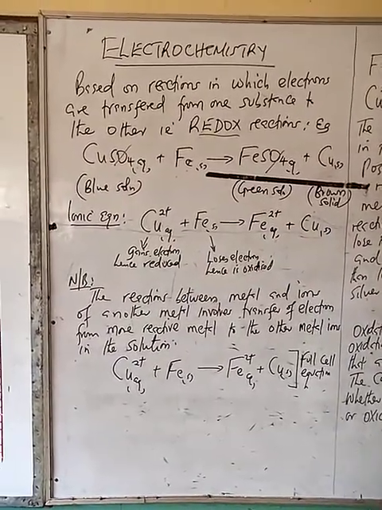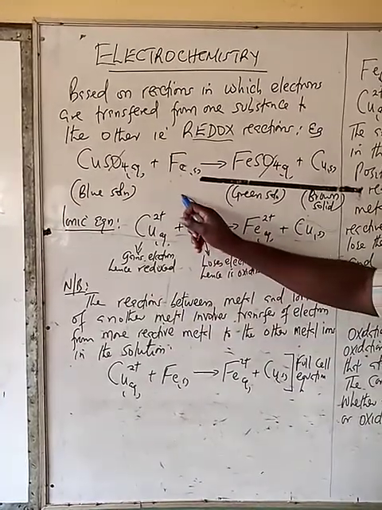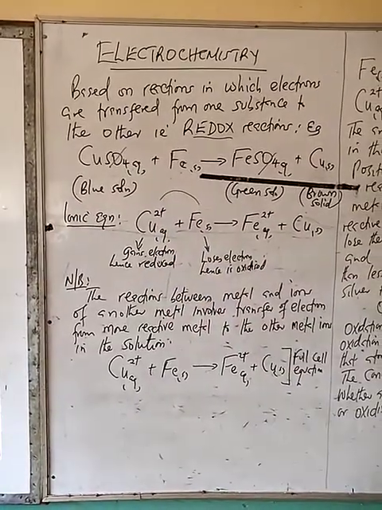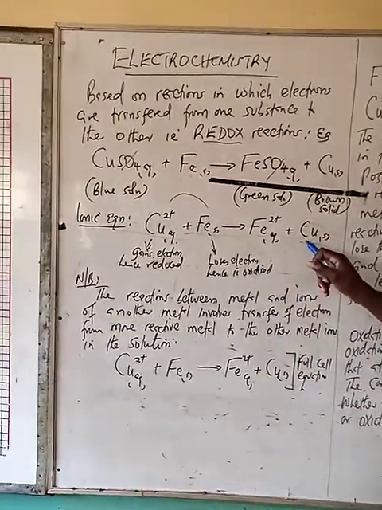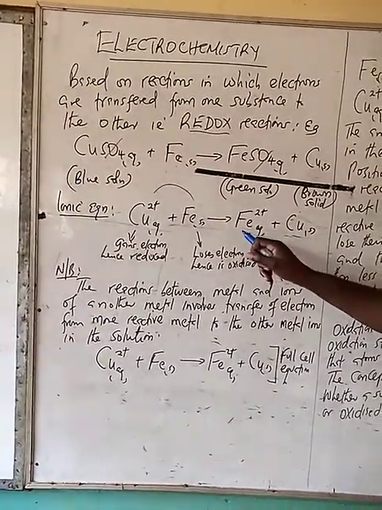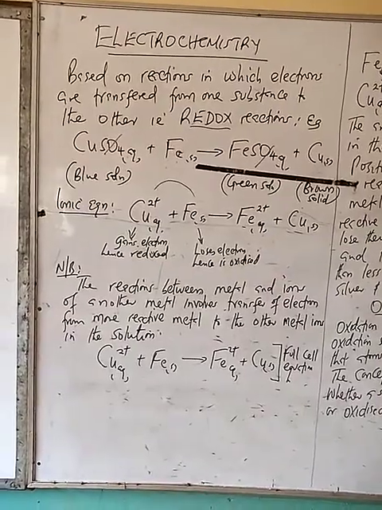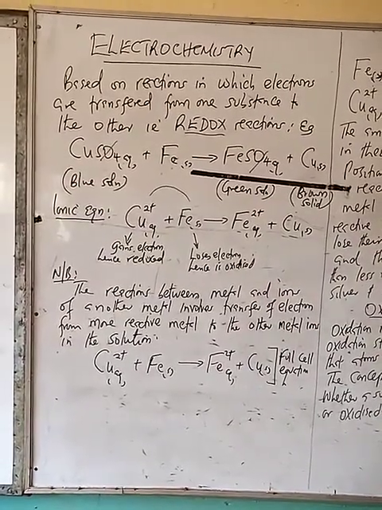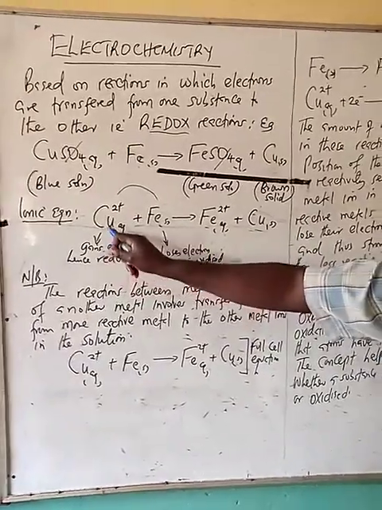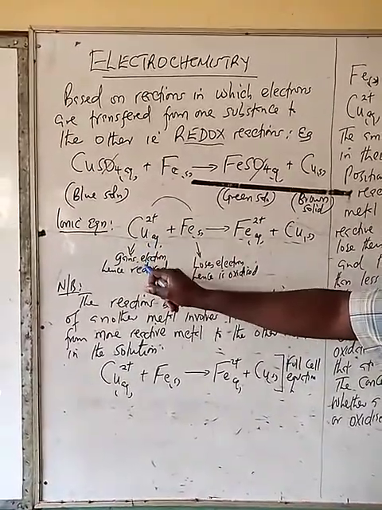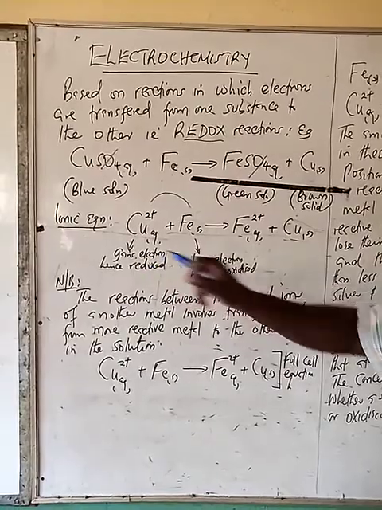In this case, the copper(II) ions will gain 2 electrons from iron, giving us copper metal, and iron is going to be oxidized to iron(II) ion. So in this case, copper(II) ion is gaining electrons, hence it is reduced.